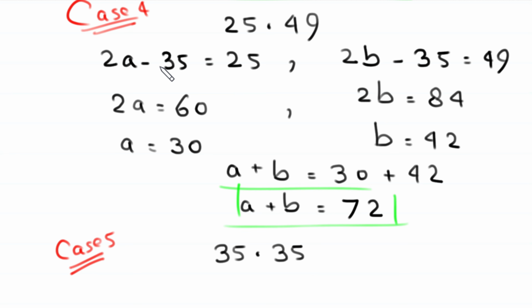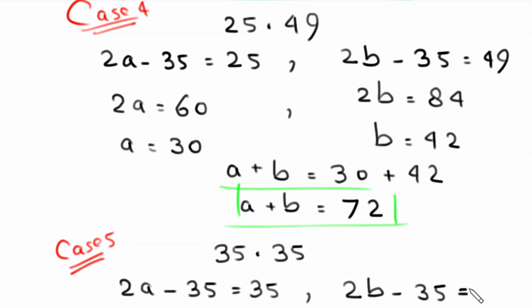So we write this first factor 2a minus 35 equal to 35, and we write this second factor 2b minus 35 equal to 35.